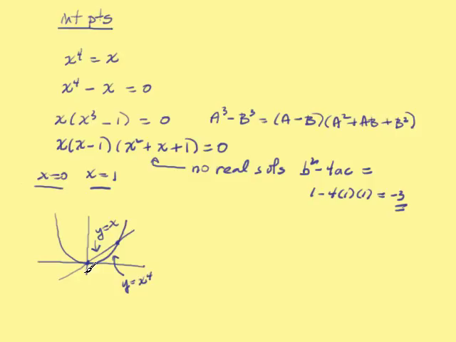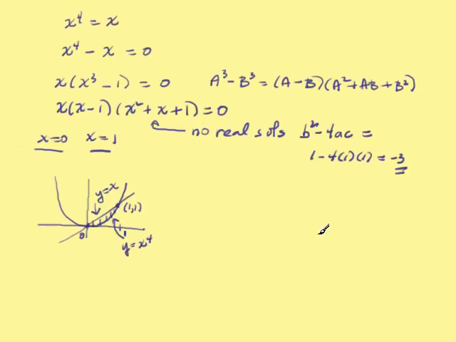And here are the two intersection points, 0 and 1. This is 1, 1 over here. 0, 0. So this is the area that we're looking for. So we're going to integrate between 0 and 1. X is on top.